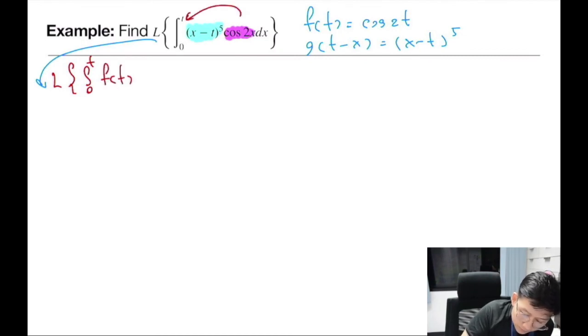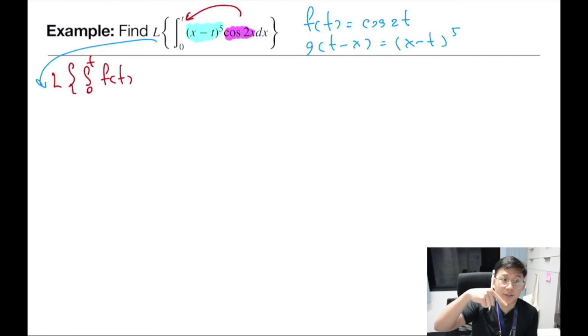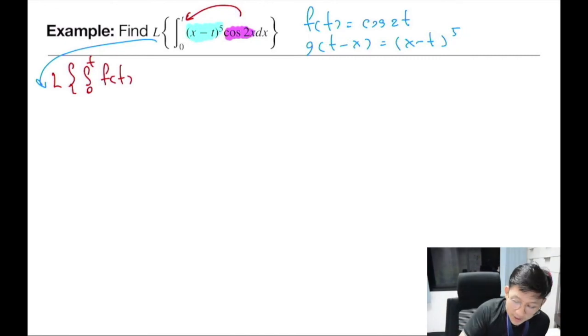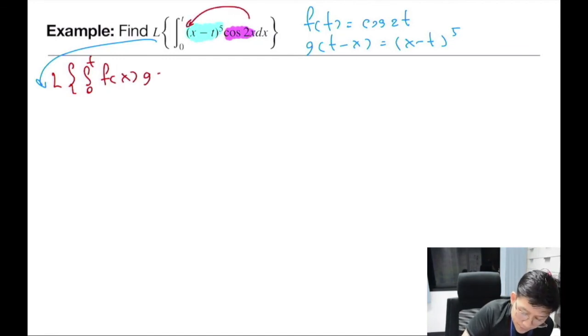I swap this first, so cos 2x is f(x), and then I have g(t minus x) dx.